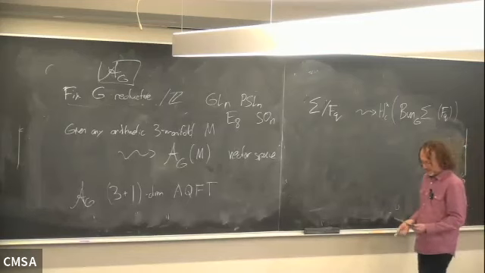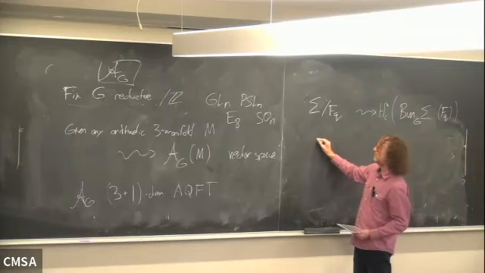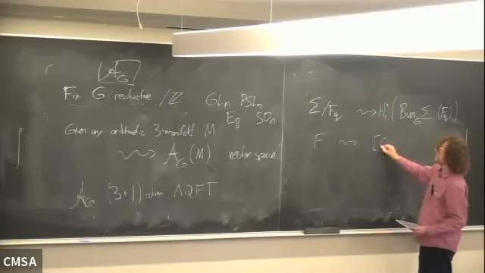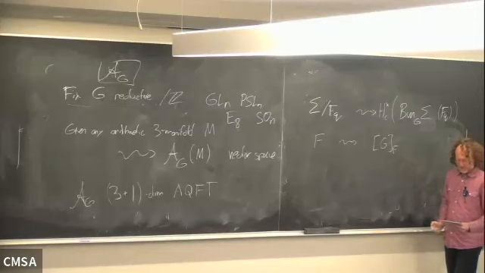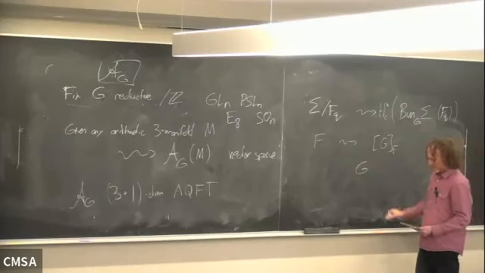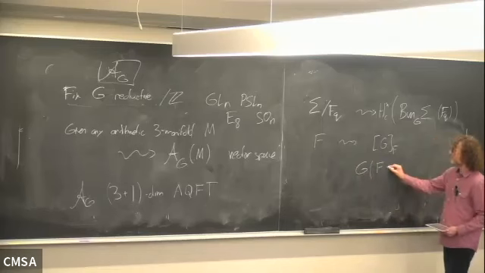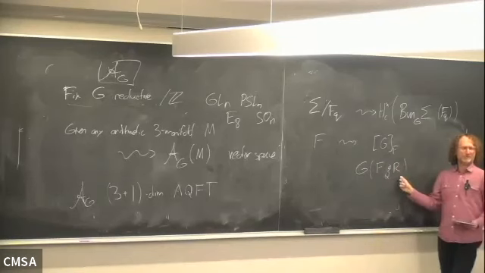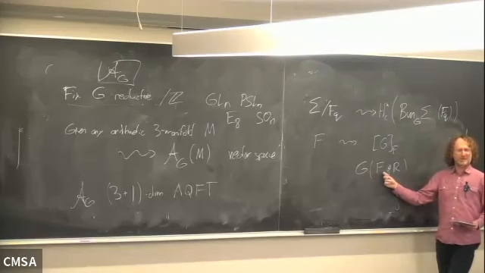In the arithmetic setting, as I promised, I'll be less precise. If I have a number field, we'll have this kind of space that people tend to write with some symbols like this, to not say exactly what they mean. But roughly, what this means is I take my group G, a group over the integers, and I take G of F, a real Lie group determined by my group G and my number field.